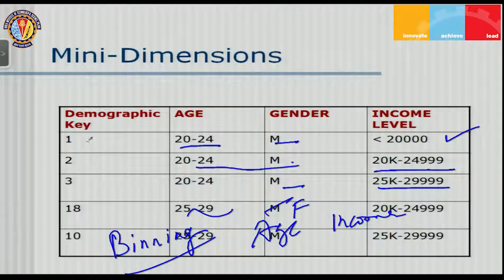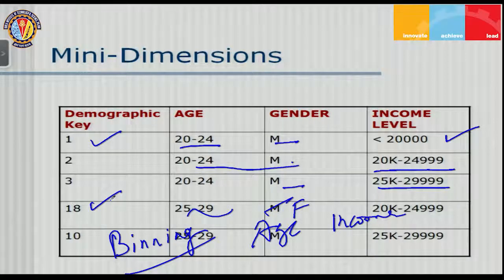If I say demographic key 1, I understand that I'm talking about customers who are between 20 to 24 years of age, who are males, and their income level is less than 20,000. When I say 18, then I'm talking about the age group 25 to 29, females, and their income levels between 20 to 25K. So this is how I do it.